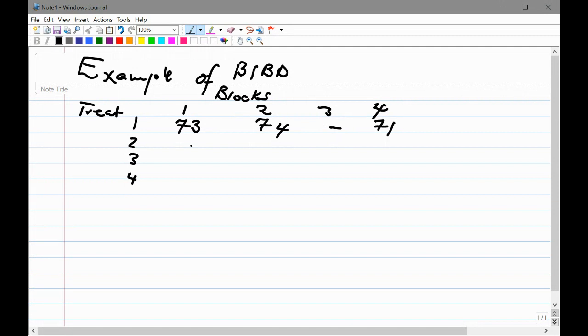So please, in the meantime, find the totals for each row, the total for each treatment, and the totals for the blocks.